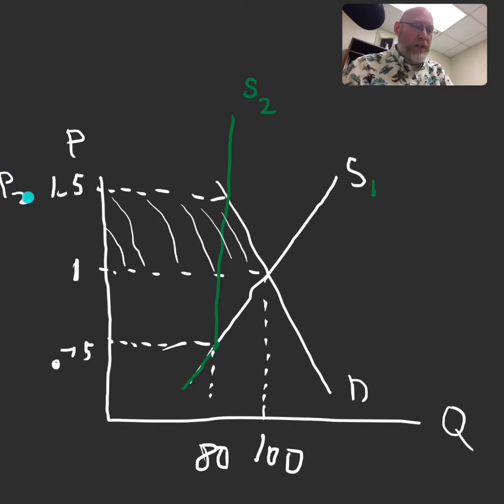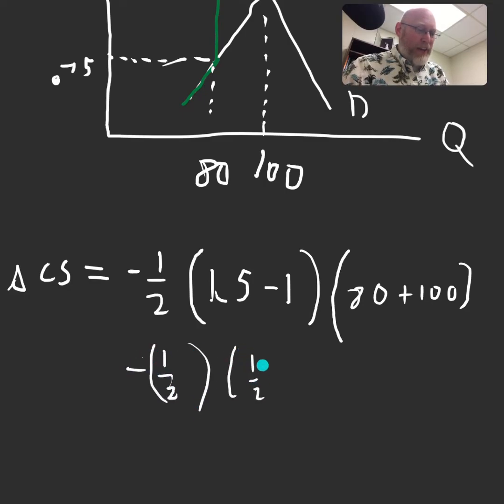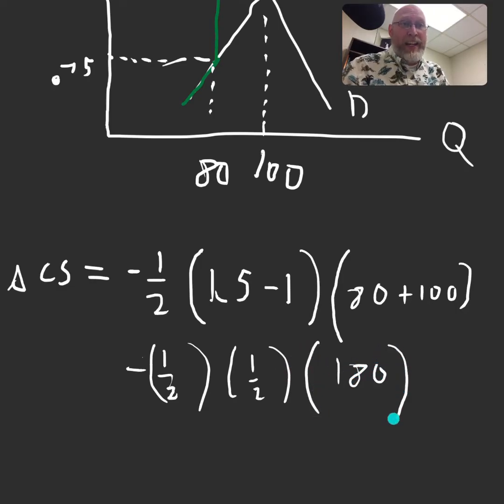We always use P2, the after the fact price, first when we do that subtraction. And then we multiply it by the sum of the two quantities, 80 plus 100. So that's going to be negative 1/2 times 1/2 times 180. So we need 1/4 of 180, which is, I think, 45.